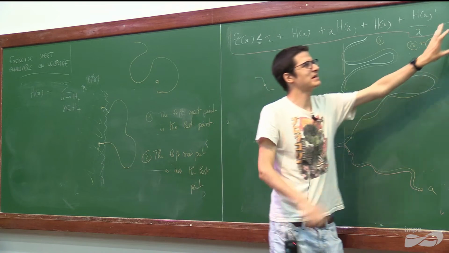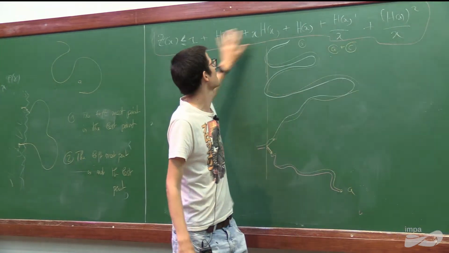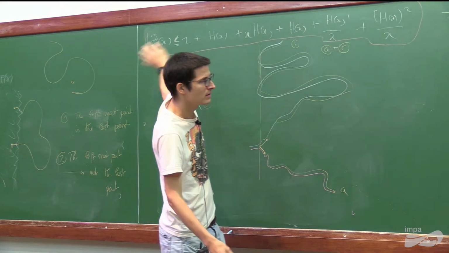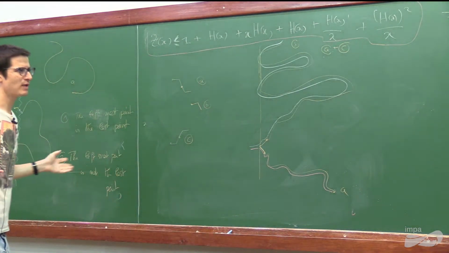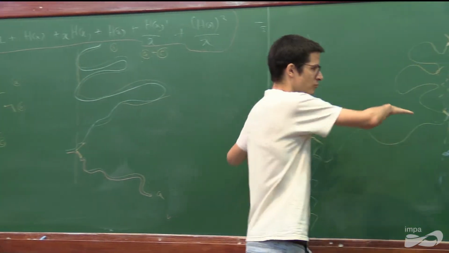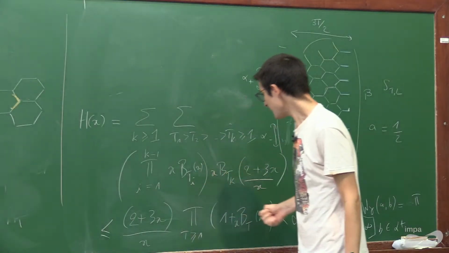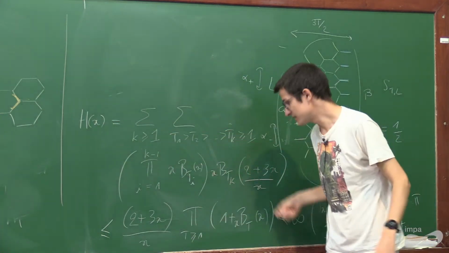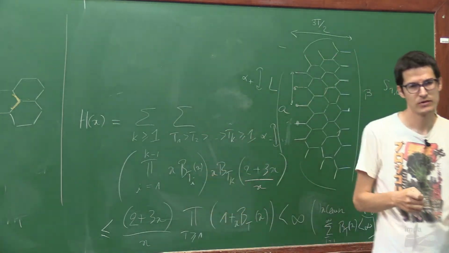This gives you this, and then you have to take into account all the other cases to make sure that you're not forgetting anything. Then once you have half-space walks, you just decompose them into bridges because what you have a control on is b_t. And this allows you to control H_x by this product, which you can show is finite.